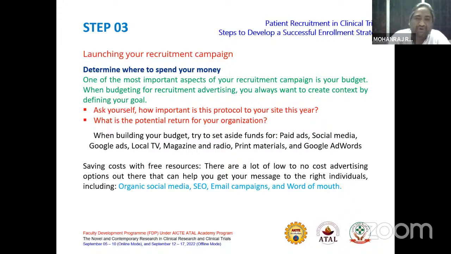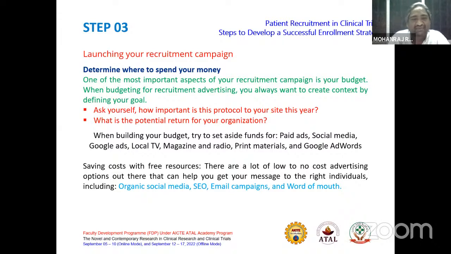But if you want to save the budget, we have certain low-cost or free resources like organic social media, which is also a part of Google, and SEO, a part of Google. One of the very important things the research team can take over is email campaigns, for example survey methodologies, and word of mouth.